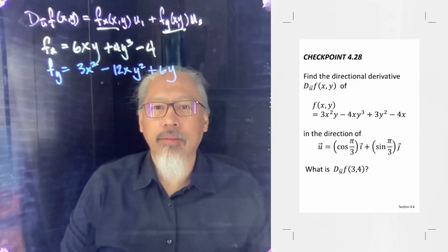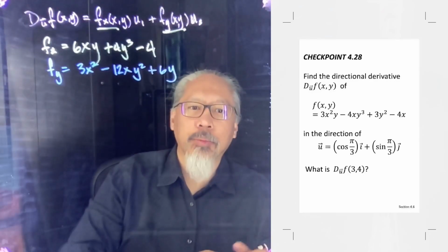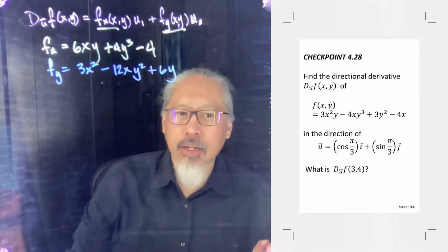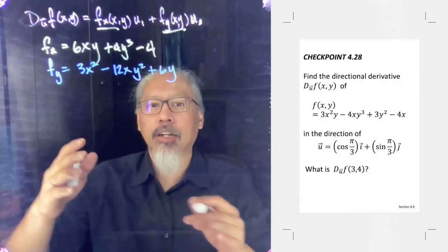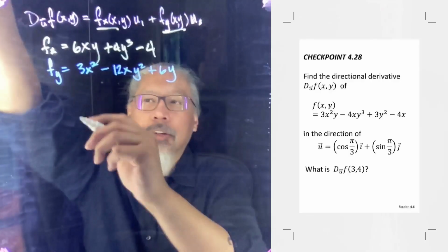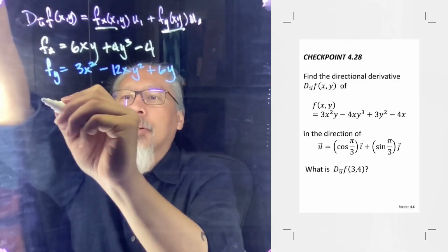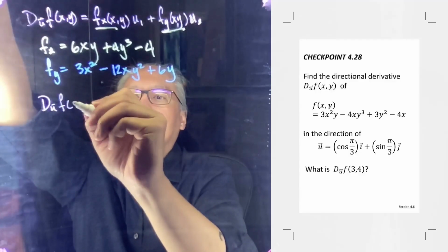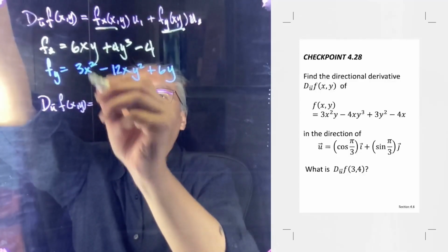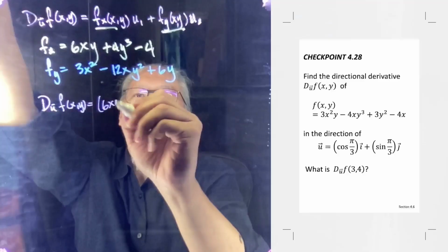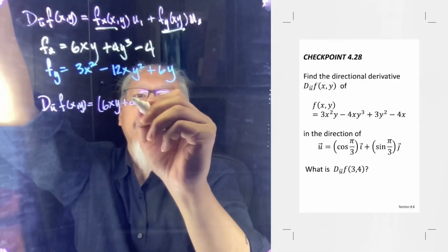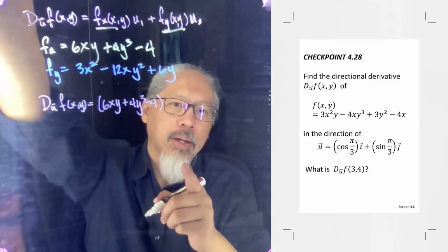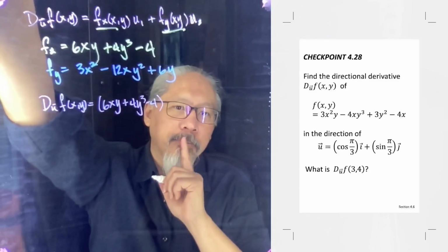Now that we have this, we'll put it in the formula. Our u is already there. U is already a unit vector because it's coming from sine and cosine, so it's all on a unit circle. So our directional derivative, D sub u of f of (x, y), will be equal to 6xy plus 4y cubed minus 4 times the cosine of pi over 3.